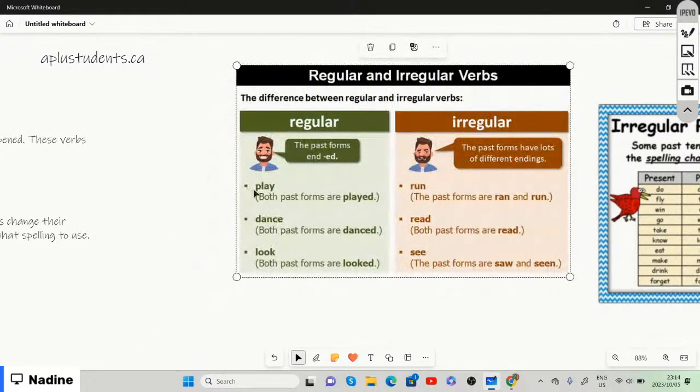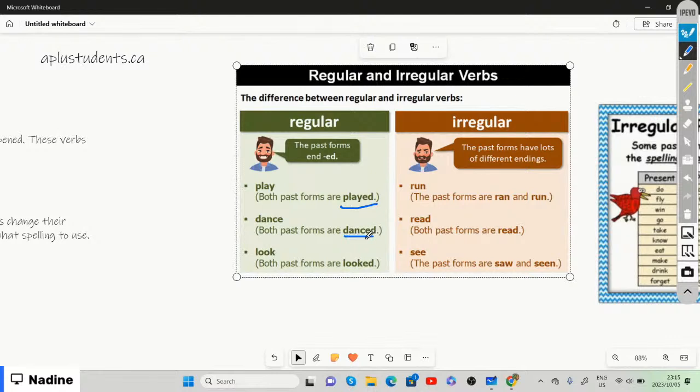And an example is play and played. Dance, and the regular past tense of dance is danced.